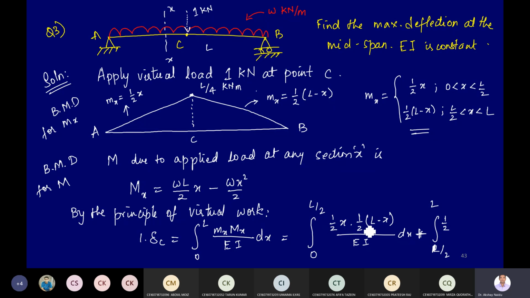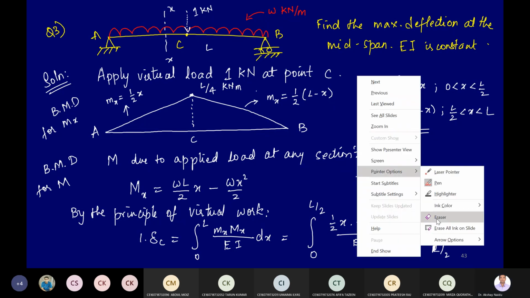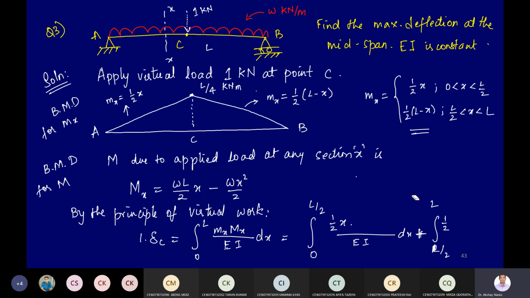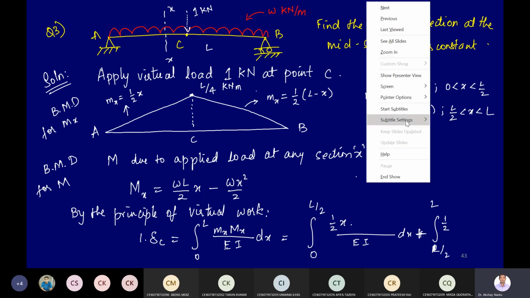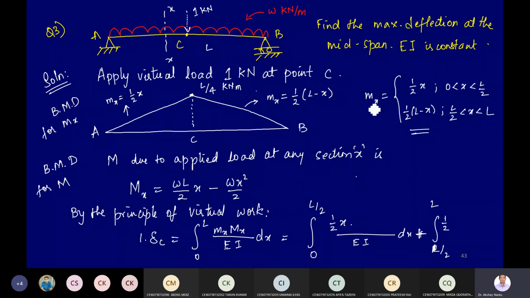Oh, I'm sorry, this is half small m into half times L minus x into this.